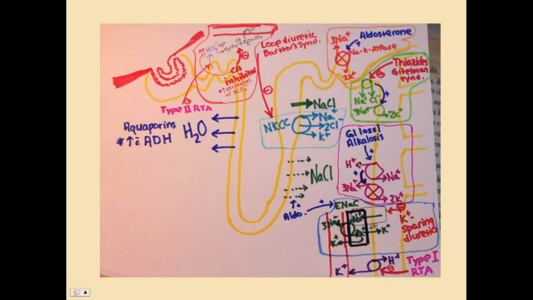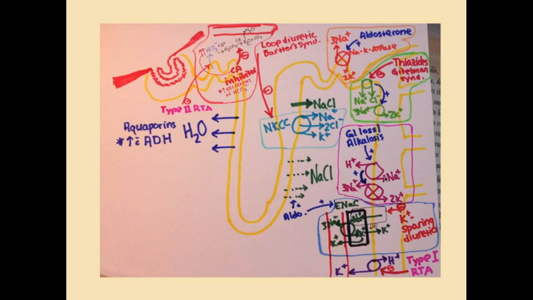Sodium is going to be pulled into the filtrate by the hydrogen sodium pump, which becomes more activated by the alkalosis, and as a result, your sodium is going to be pulled back into your blood out of the filtrate by the sodium-potassium ATPase at the expense of potassium, which goes into the filtrate, which will ultimately be lost. So alkalosis equals loss of potassium, or hypokalemia.